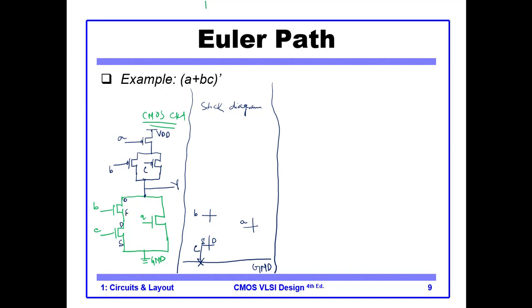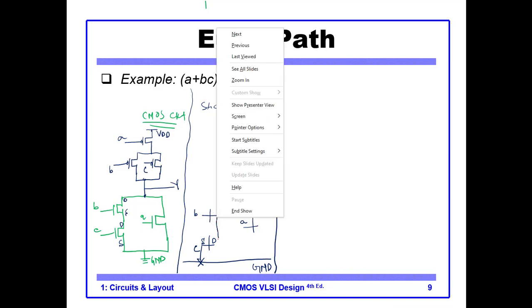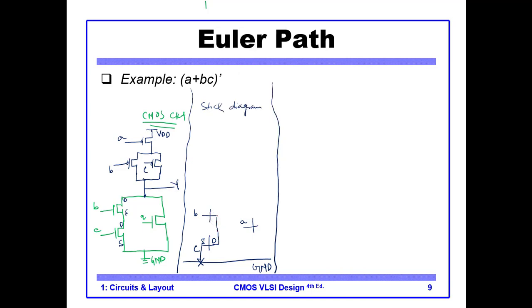Okay, so you see the drain of C is connected to the source of B. So this is the source of B. Okay, and then the source of A is connected to the ground.